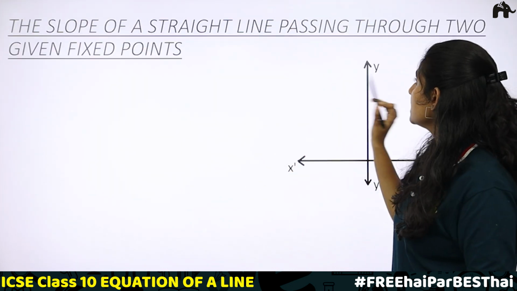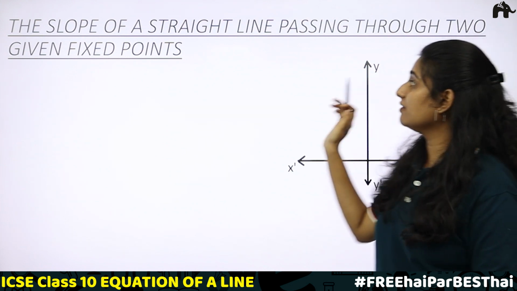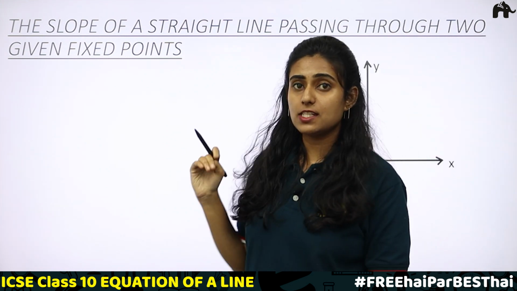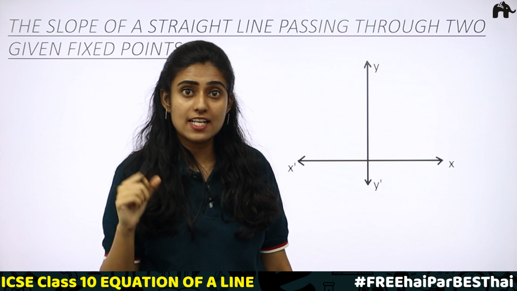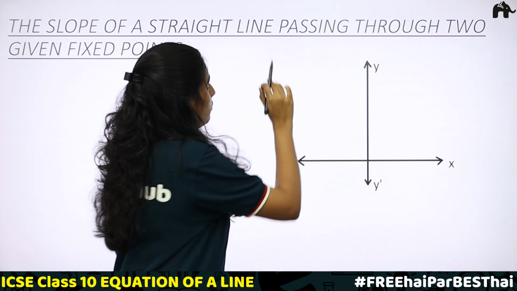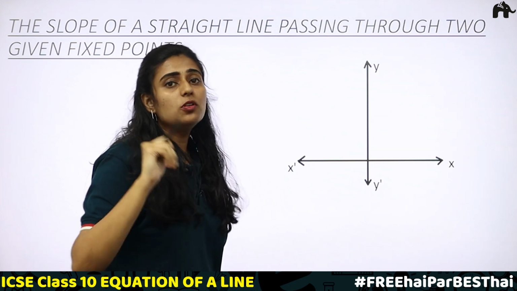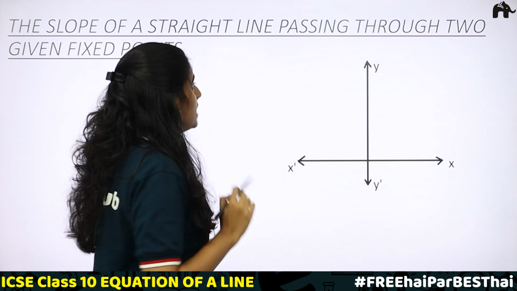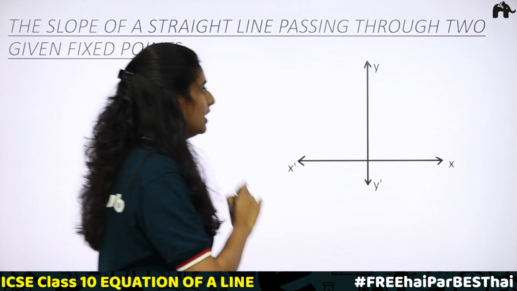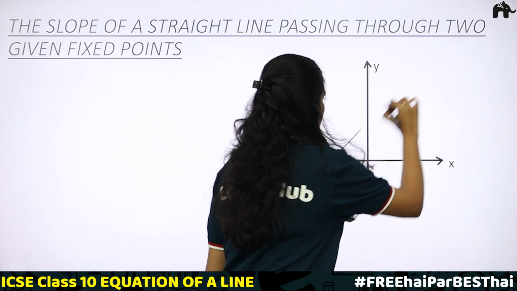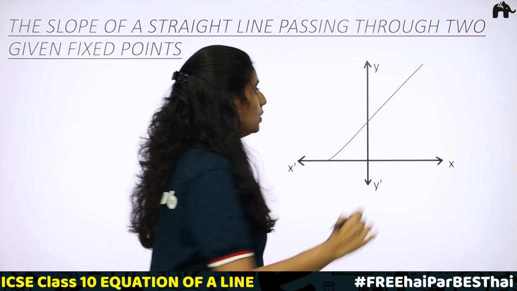Next, the slope of a straight line passing through two given fixed points. We know how to find the slope when inclination or angle theta is known. In the case when we only know 2 points which are lying on the straight line, we don't know the angle theta. In that case, how to find the slope of the straight line? Here I am considering a straight line. We'll take 2 points.